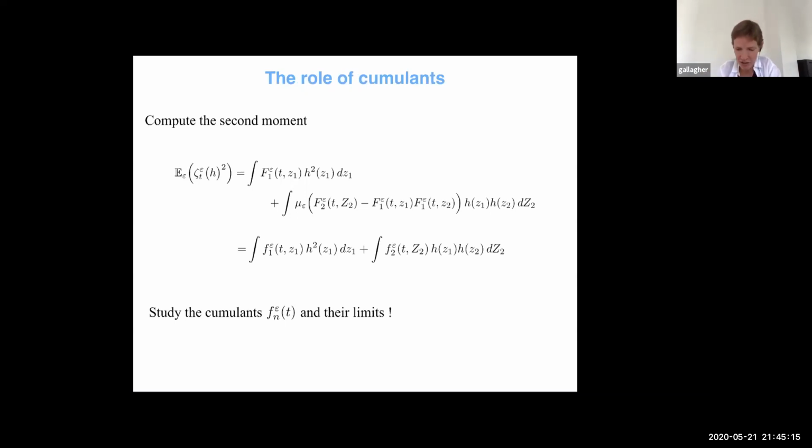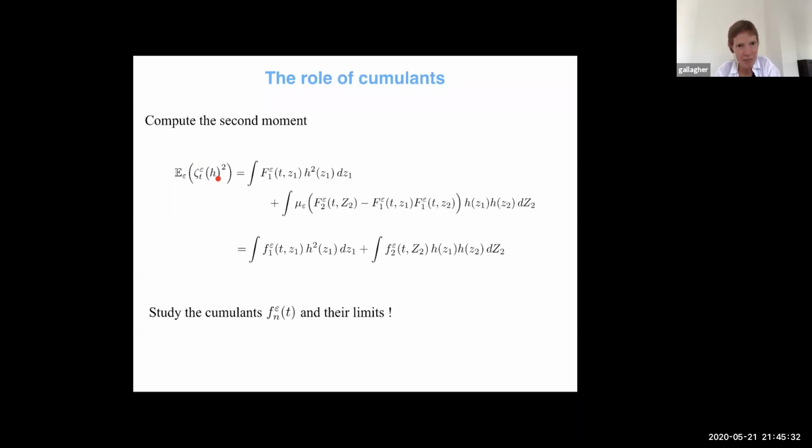The most important object in this business is cumulants. Let me try to explain what a cumulant is. Remember we did this computation on the Boltzmann equation, seeing the law of large numbers, by computing the difference between the empirical distribution and the average of f times h.